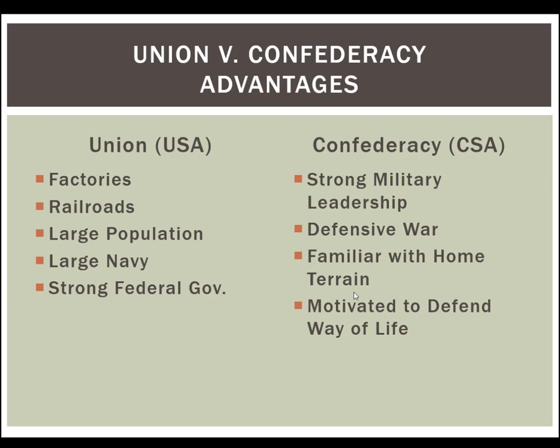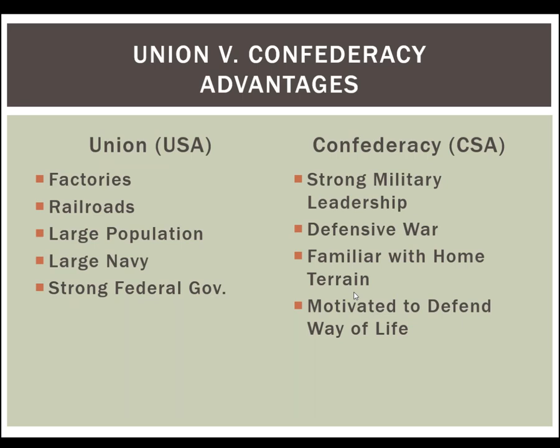Also, they had far more railroads than the South. This means that they could get those goods as well as troops where they needed to go faster. The Union also had a larger population, with nearly two-thirds of the country's population. This makes sense if you remember that most of the major cities are located in the north. This large population meant more men for soldiers as well as laborers.